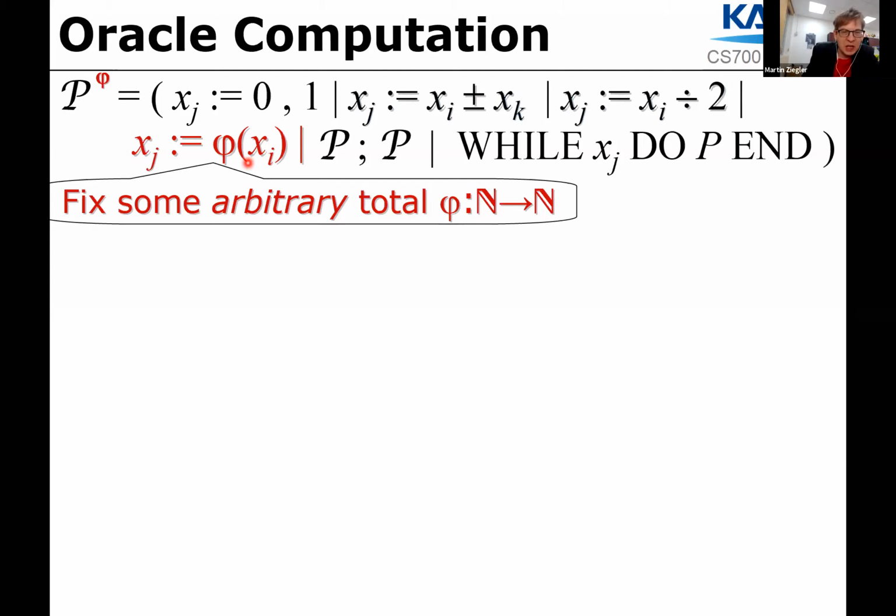And one such example is the case where this external function is the characteristic function of the halting problem, namely where we're making a call to this function with x_i. x_i is interpreted as an instance of the halting problem, namely as an encoded pair of an algorithm and an argument to that algorithm.